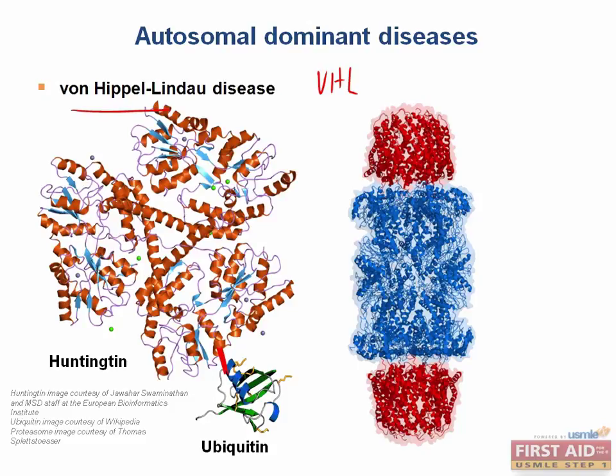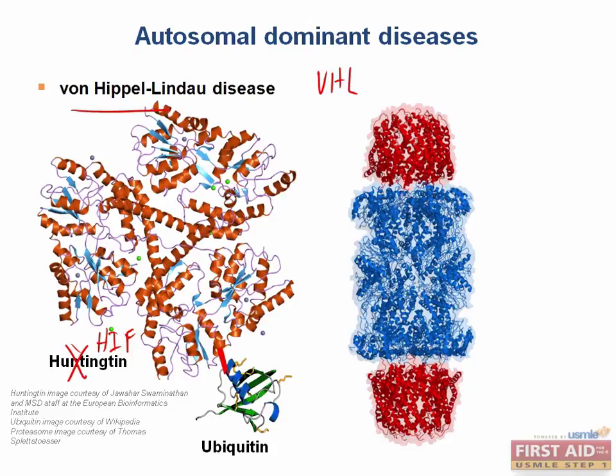Now the most important target in this disease is HIF, or hypoxia-inducible factor. As its name suggests, HIF is induced by hypoxia. Now what do you think a tissue might do as a response to hypoxia? Well, it makes new blood vessels to supply oxygen, which is called angiogenesis.